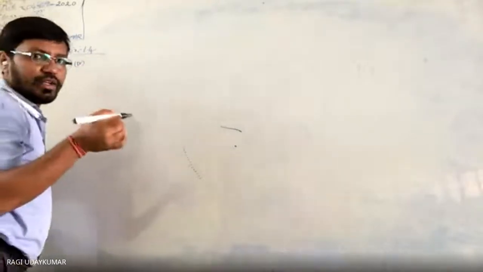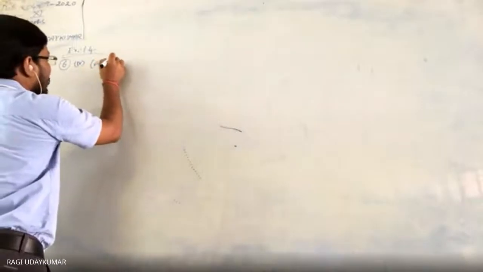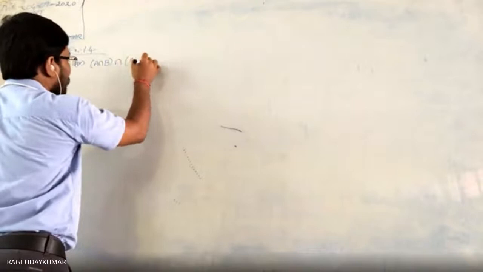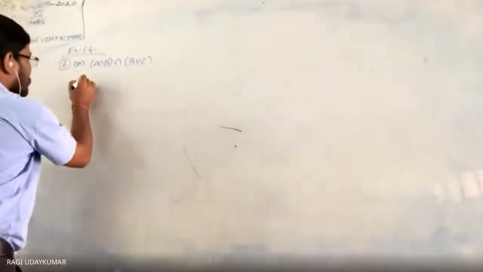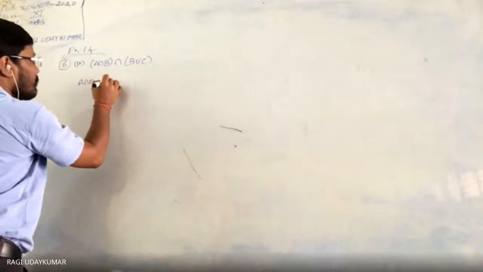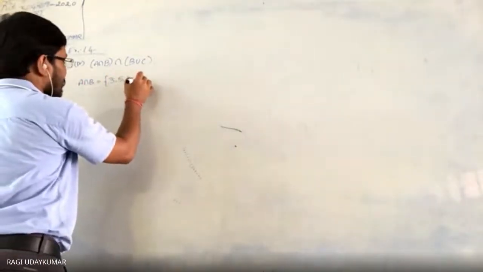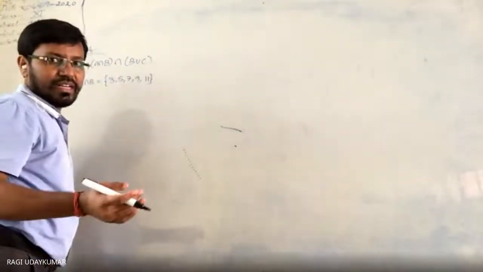The question given to you is A intersection (B union C). First, whatever is in the brackets, you find out. So first thing is A intersection B. What is the A set given? You write 3, 5, 7, 9, 11.